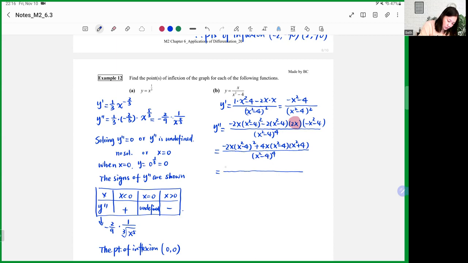Take out 2x. Okay, and also x squared minus 4. You are left with negative x squared plus 4. You're left with negative x plus 4 plus 2 x squared plus 4.